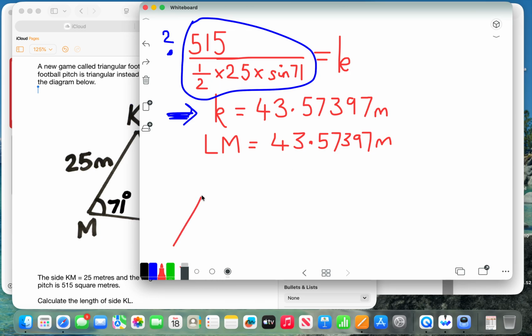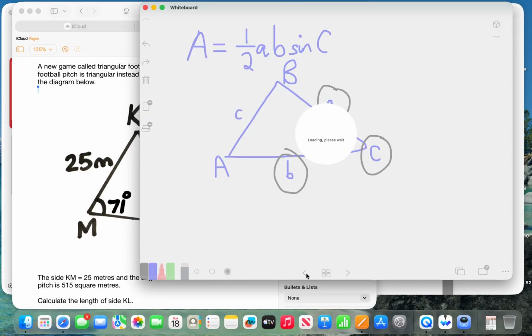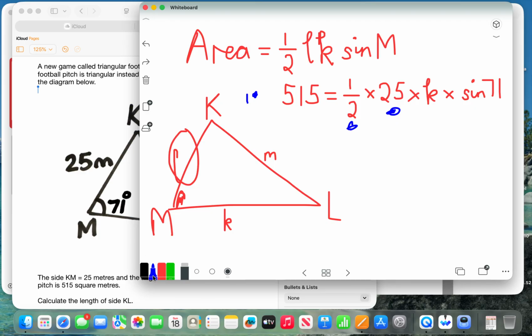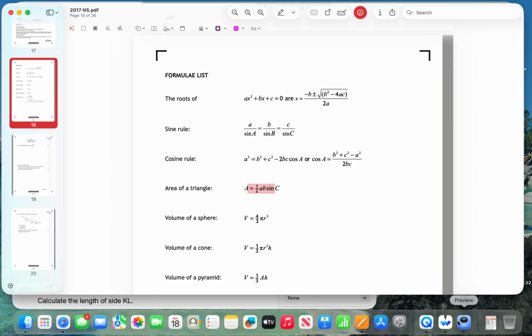So we now have, I suppose we could just go back to this. So let's put in blue this time what we have. We have this, we have this, and we have this. We want to find this. Now, let's have a look at the formula list again. You've got the sine rule and the cosine rule.